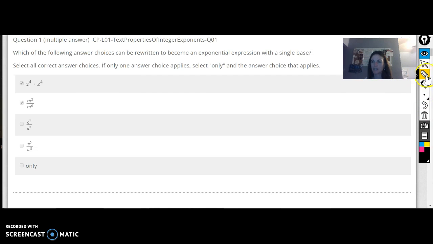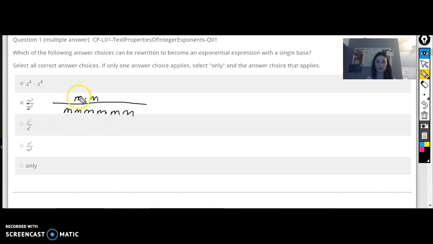Go ahead and erase and look at the next one. Now I've got m squared over m to the 6th. Well, I do just have one base, so I can probably combine these. Let's look at this the long way first. I've got m times m over m times m times m times m times m times m.